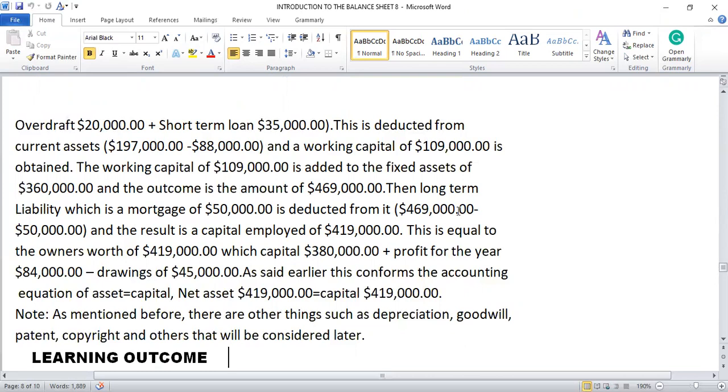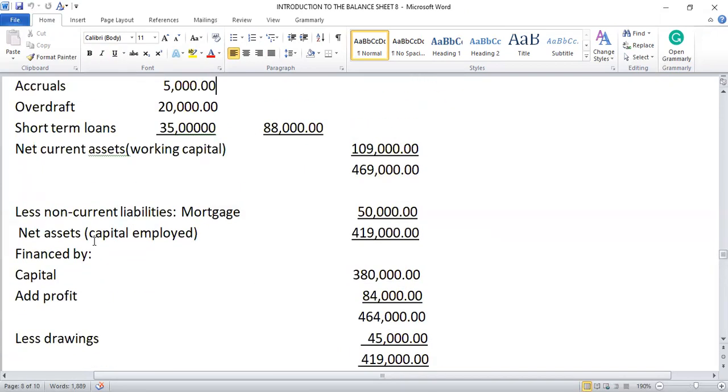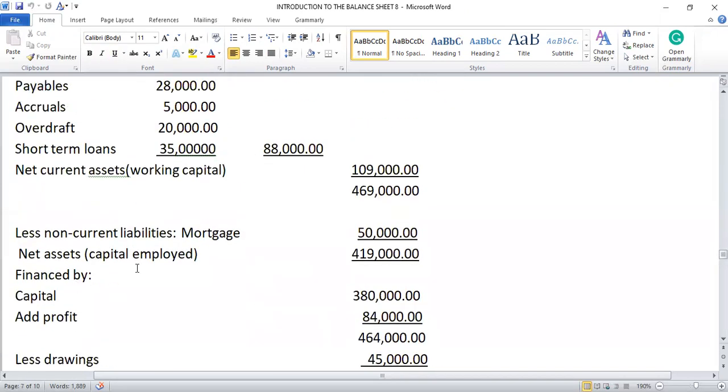So $469,000 minus the $50,000, which is the mortgage. Then we arrive at net assets, capital employed of $419,000. So that's it.